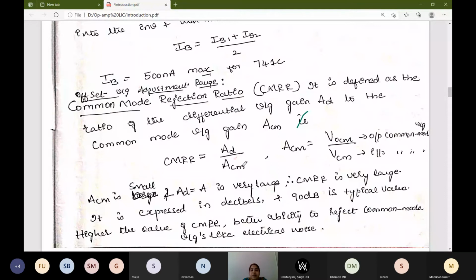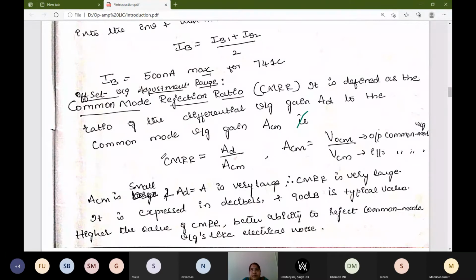In common mode we give the same voltage at the input terminals, not different. When different voltages are given, we take the output; when the same input voltages are given, we take the output and then take the ratio of both. That tells us the CMRR, the common mode rejection ratio.